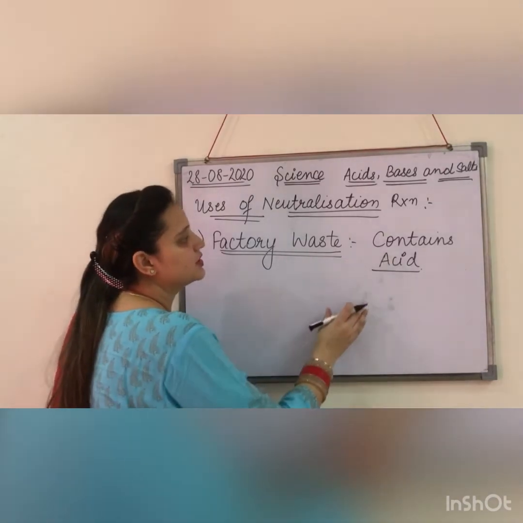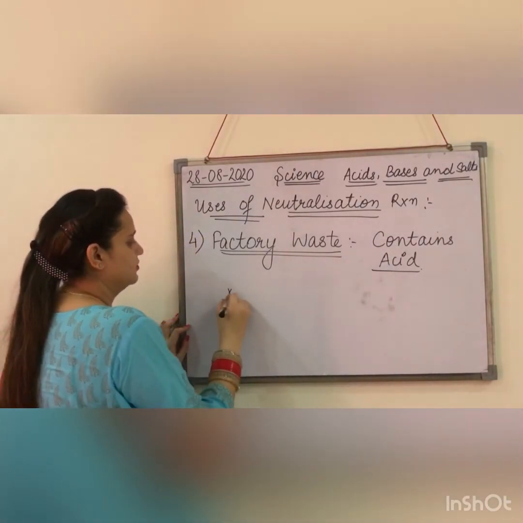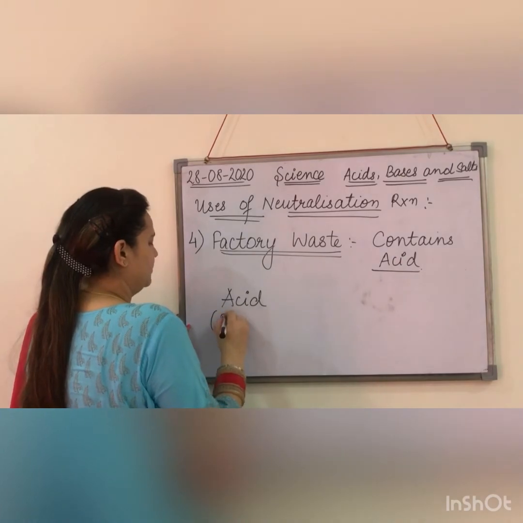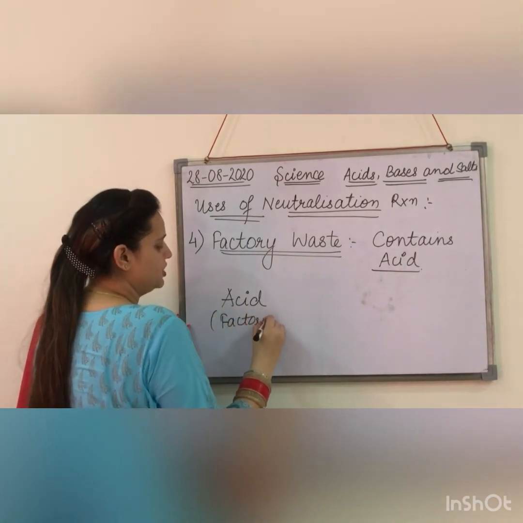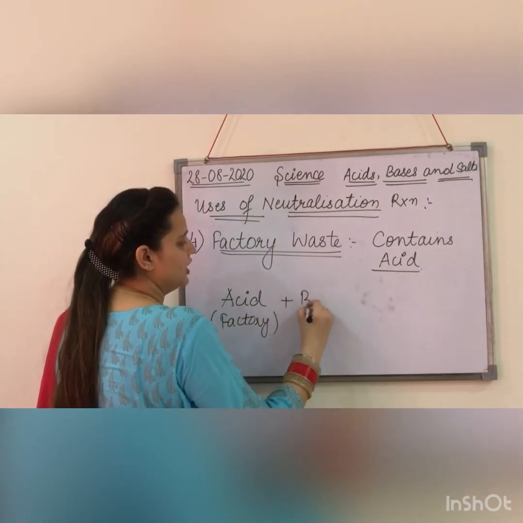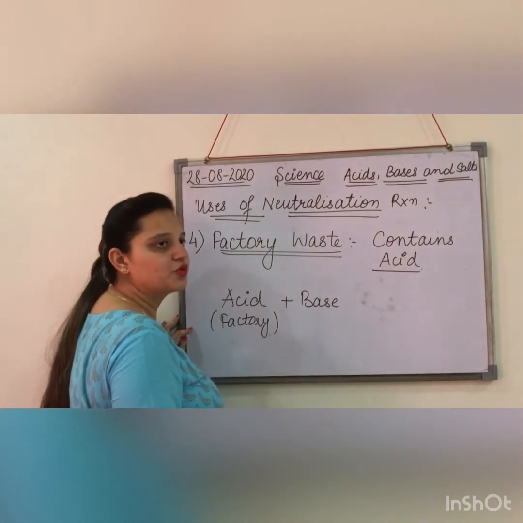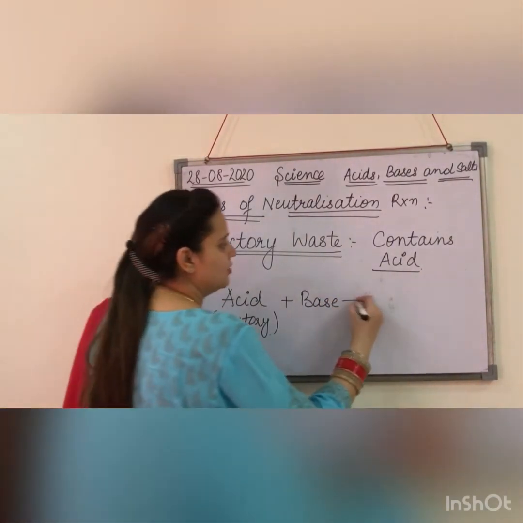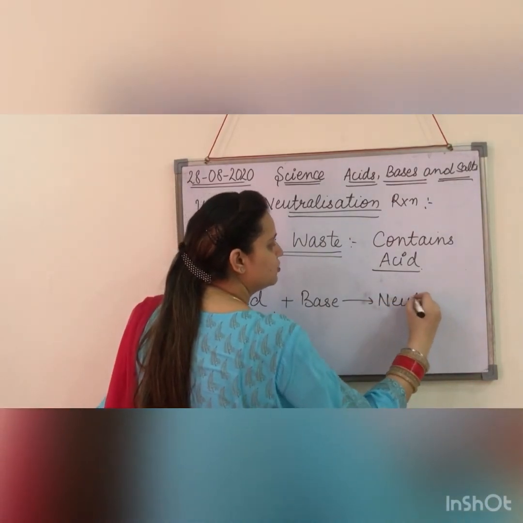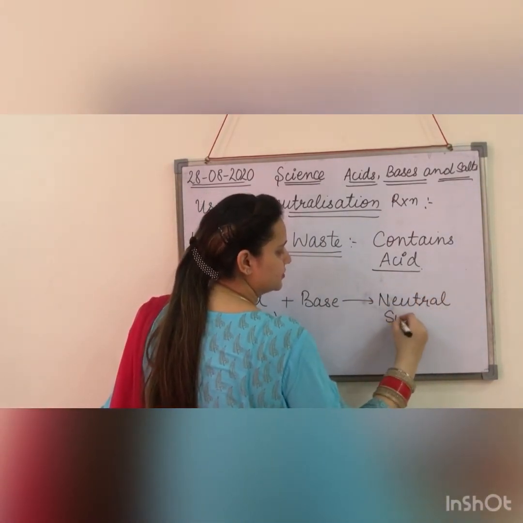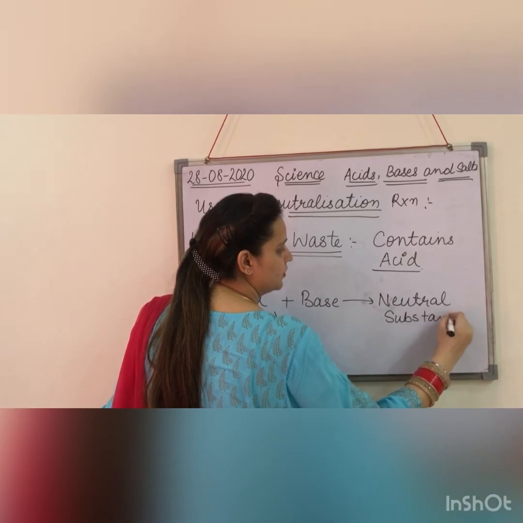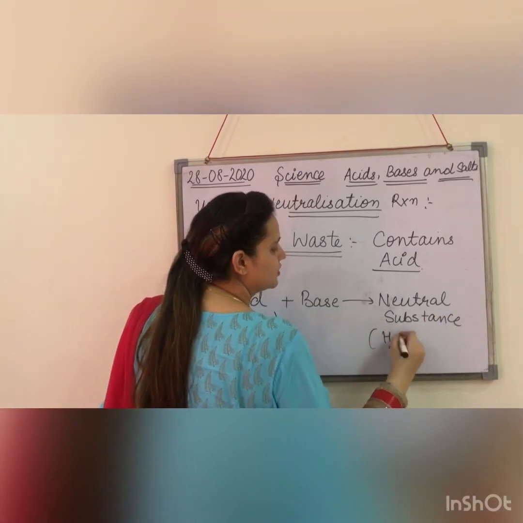So the acid that is released from the factories is neutralized with some basic substances before disposing into the water bodies, because it is going to give you a neutral substance in the form of water and salt.